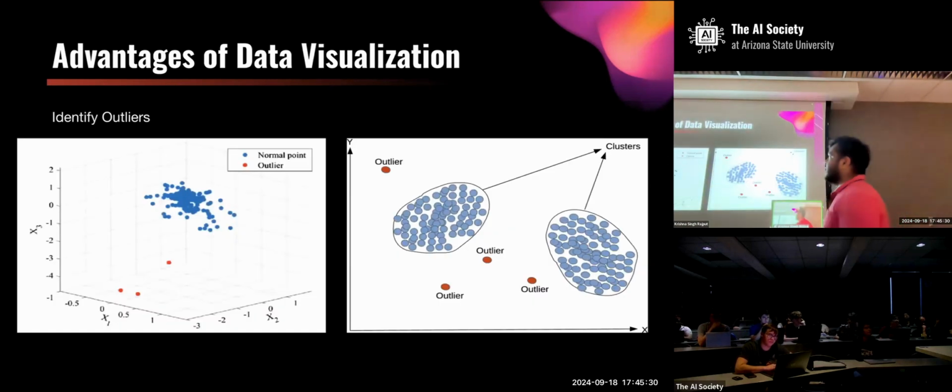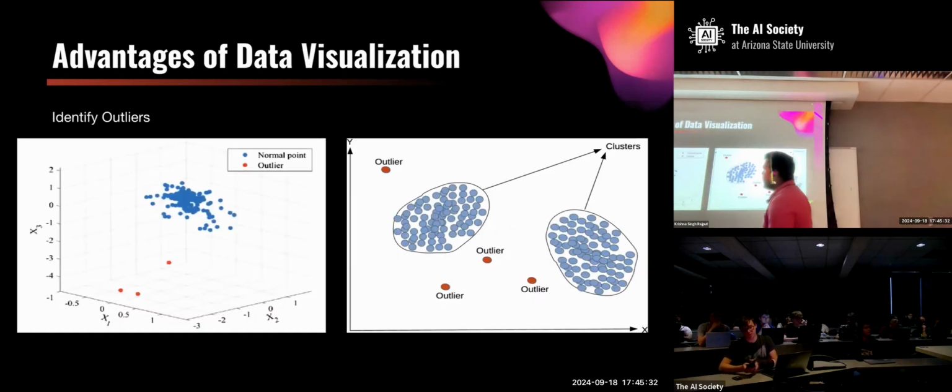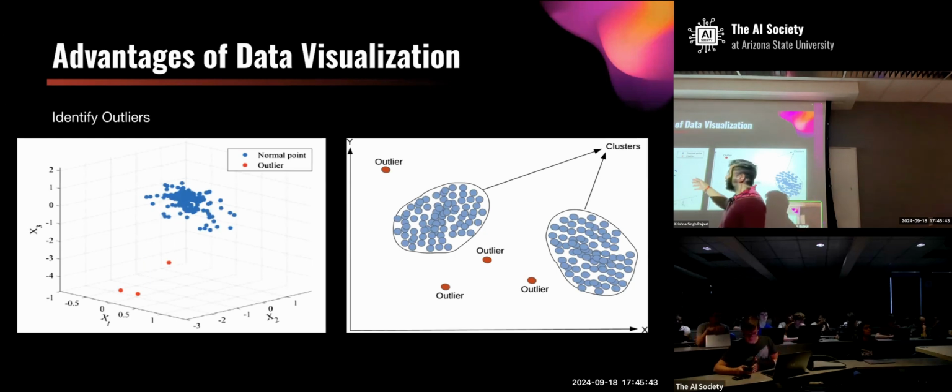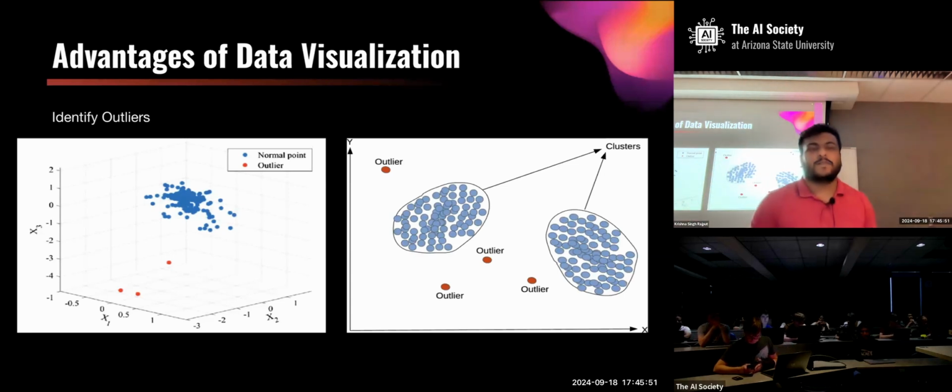So here, if you see, I had this data set, and most of the data points are clustered in a particular region, while these three red data points are far away from all those points.